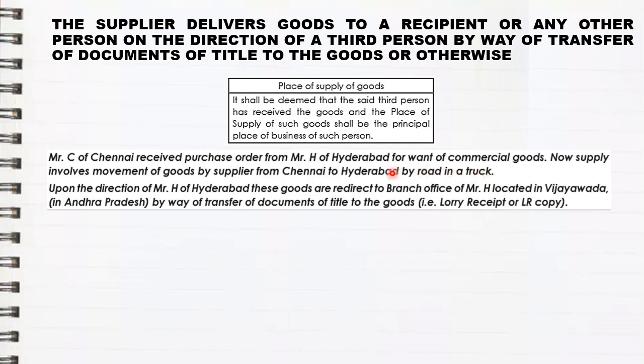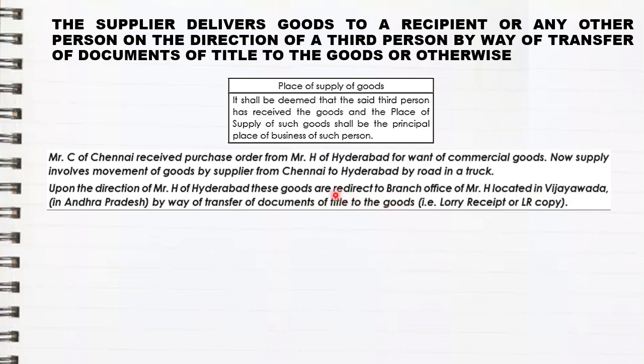So now Mr. H gave a purchase order to Mr. C to send goods by road. Now upon the direction of Mr. H, these goods are redirected to the branch office of Mr. H located in Vijayawada, that is in Andhra Pradesh, by way of transfer of document of title to the goods.